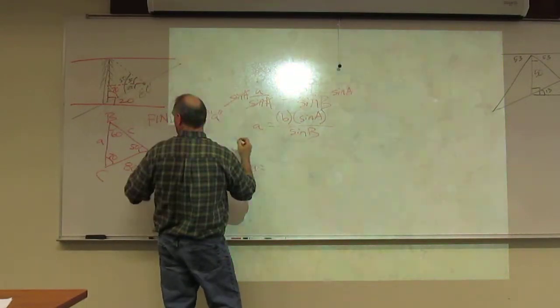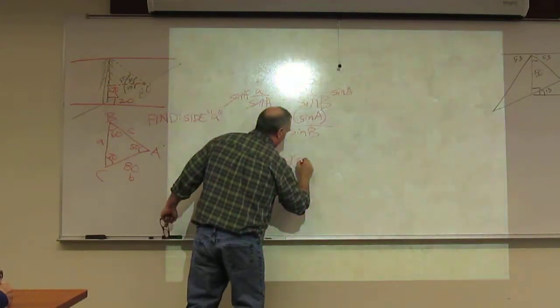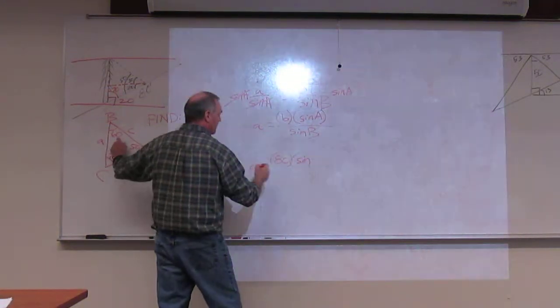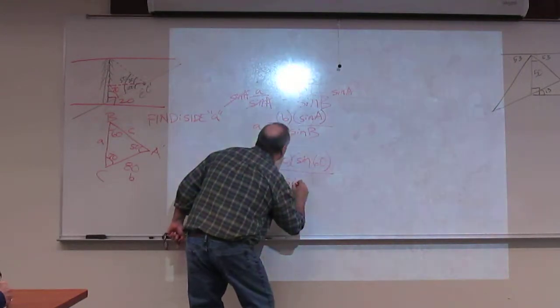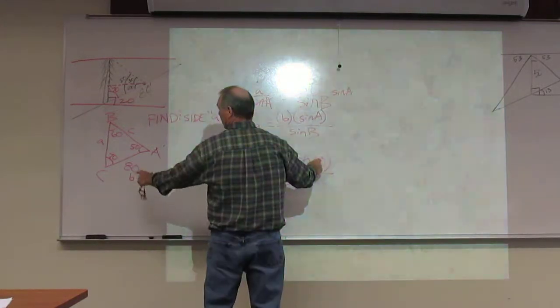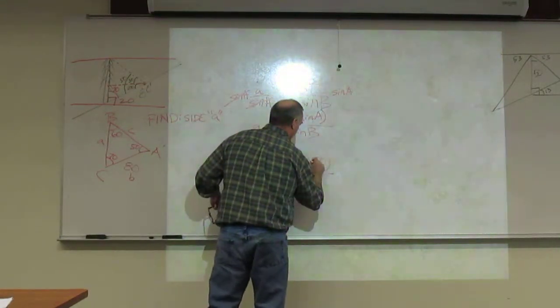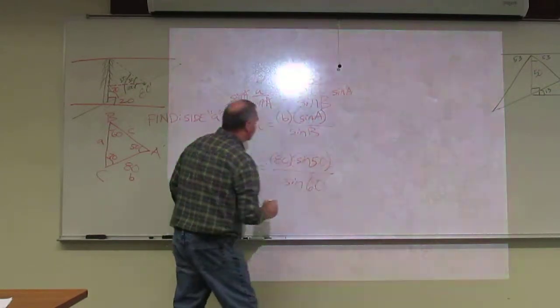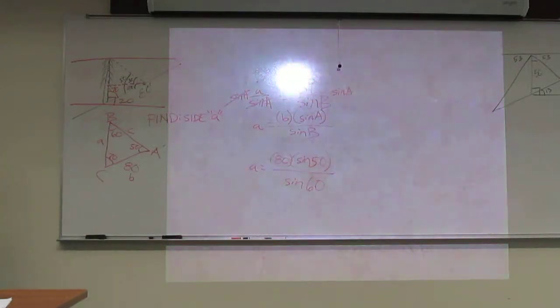A is equal to B is AB, and sine B which is 60. That's over, oh wait, sine A, sorry, I got the wrong number here. This is 50. That's 60. Correct? Yeah. Okay, we're ready to plug and chug.